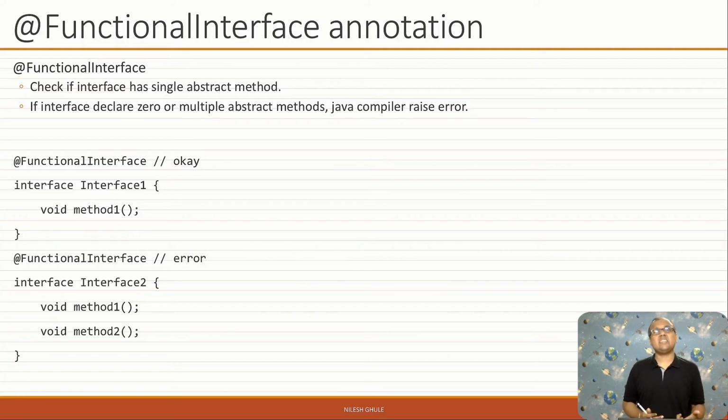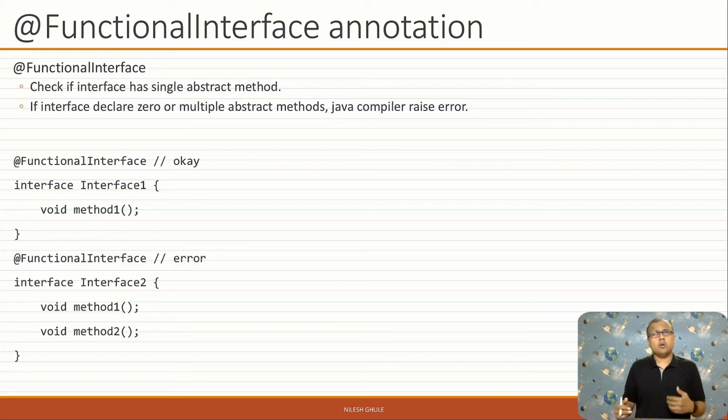Again, in this example, interface 1 has a single abstract method, which is accepted by the compiler. However, for interface 2, there are two abstract methods, and @FunctionalInterface is used on top of the interface. Here, the compiler will raise an error indicating that this is not really a functional interface.